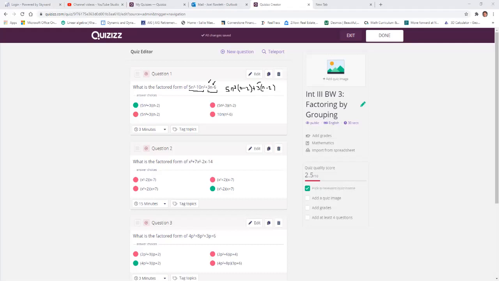Okay, now look and you'll notice that n minus 2 is the common factor, which means I can now take n minus 2 out. And once I factor out n minus 2, what's left is 5n squared plus 3.